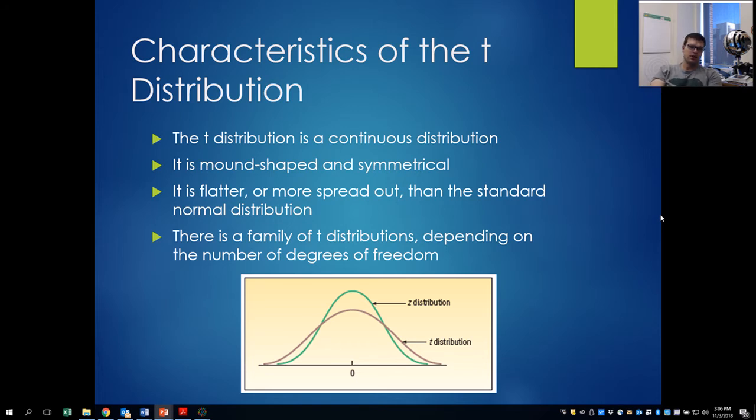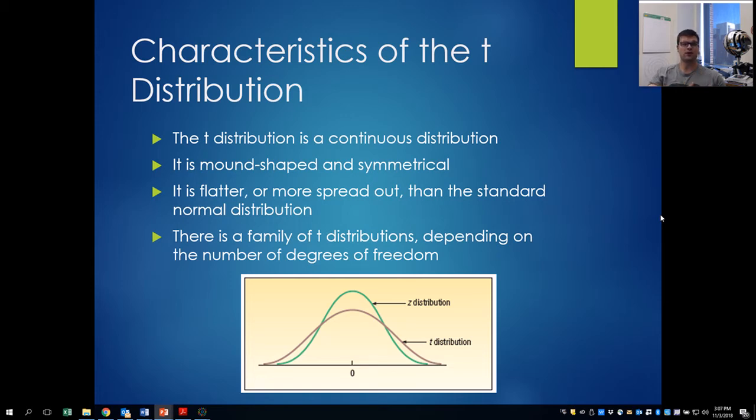Okay, so the t-distribution is a continuous distribution. It's mound shaped and symmetrical, very similar to the z-distribution. However, it's flatter and more spread out than a standard normal distribution, because it gives more of a buffer for the variance.